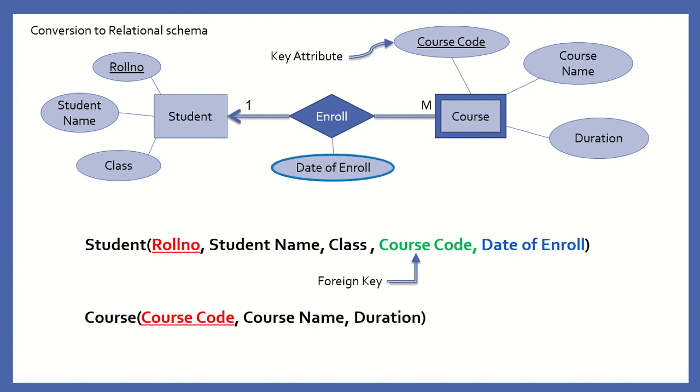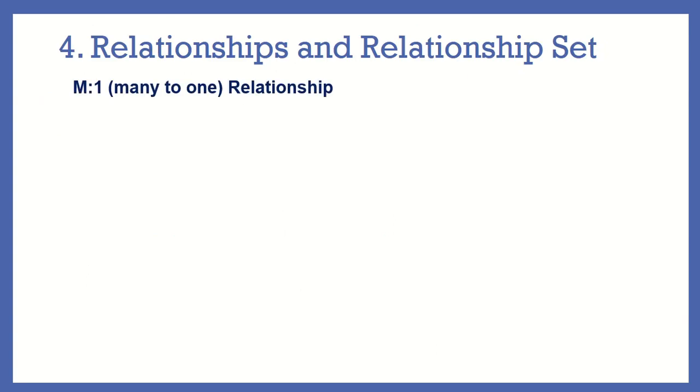And all attributes of relationship set enroll are mapped as attributes for the relation of the one-side entity set, that is student.